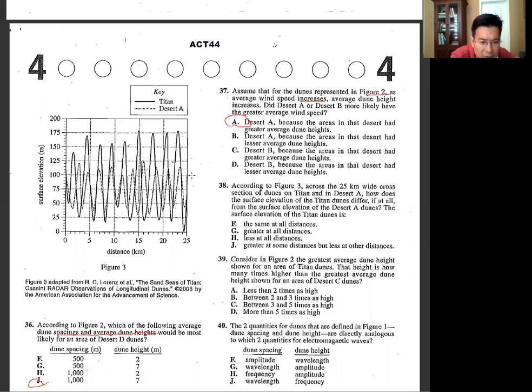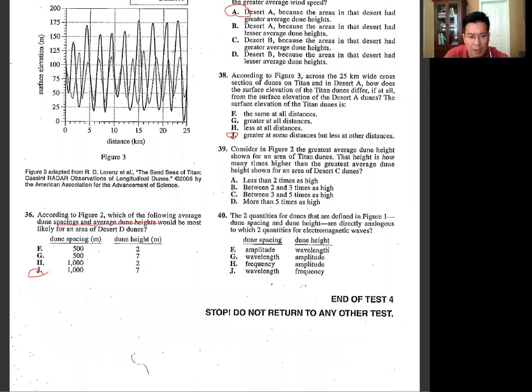The surface elevation of Titan dune is greater, and then sometimes goes less, up and down. So J, right? It's not one particular thing.